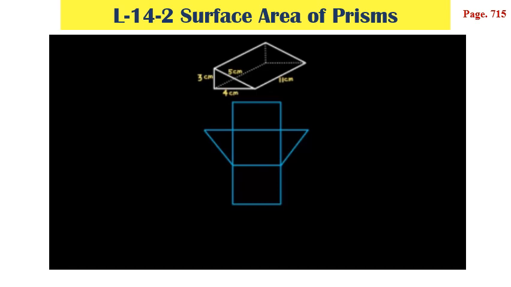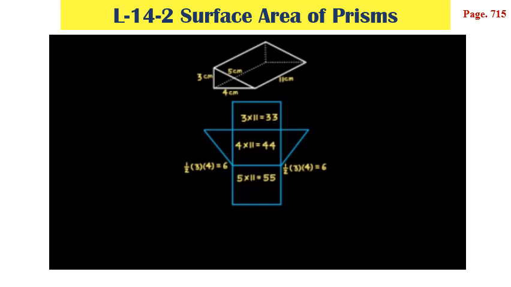To find the area of each triangle, we can use the formula 1/2 times base times height. 1/2 times 3 times 4 equals 6. To find the area of each rectangle, we multiply length times width. 3 times 11 equals 33. 4 times 11 equals 44. 5 times 11 equals 55.